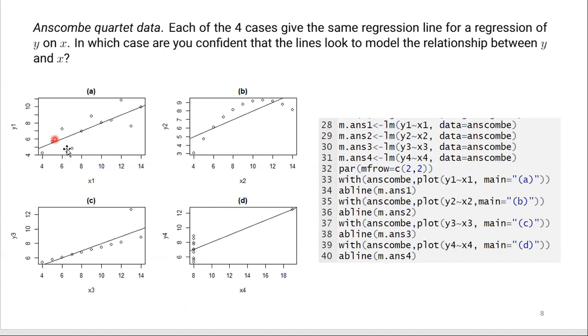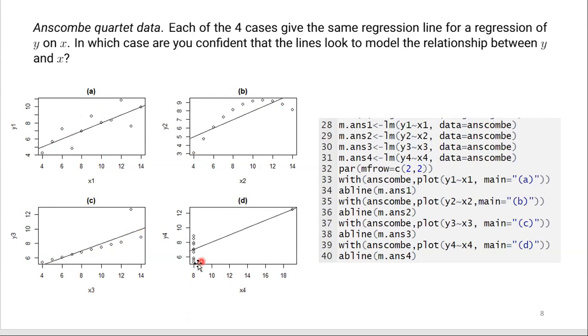So A, I hope you think that A is reasonable. The others have some issues. With B, you can see the straight line does not capture the functional form, which is curvy. In C, you see there is one point out here, and that is distorting this line.